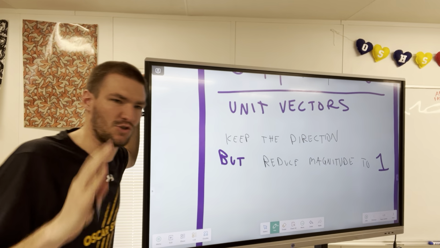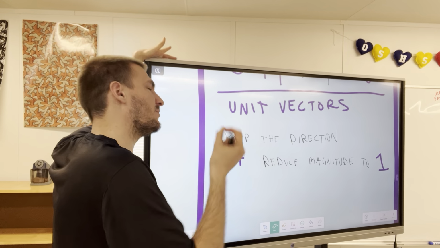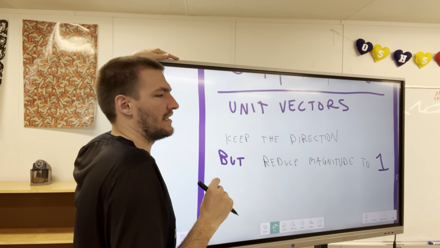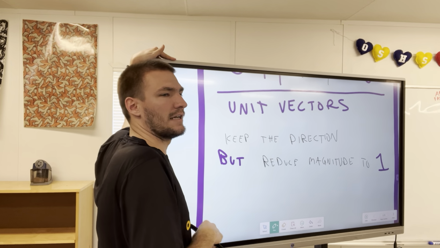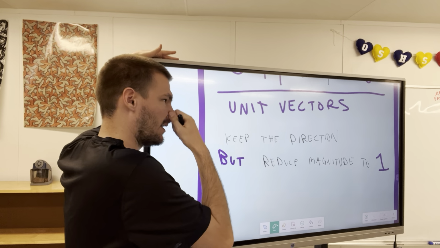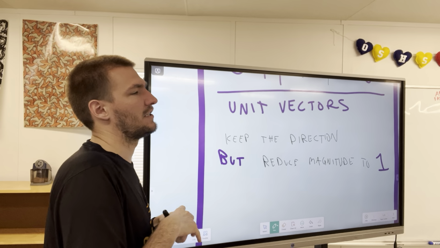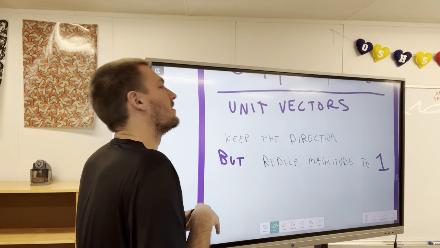Think about the unit circle, right? The unit circle is the easiest circle. It's just a beautiful little circle with a radius of 1. And we're going to do the same thing. We're going to take our vector, we're going to keep its direction, but we're just going to reduce its magnitude to 1.